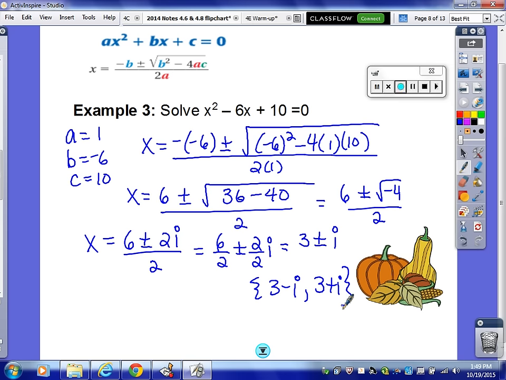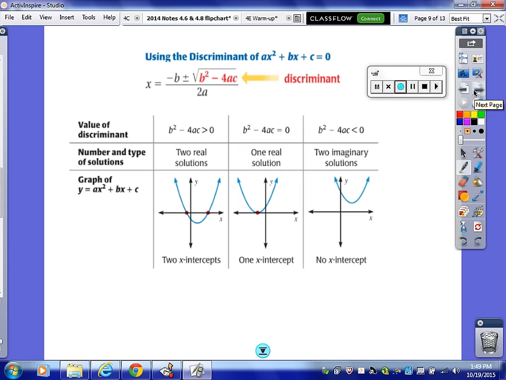All right, let's look at our last topic for these notes: using the discriminant. The discriminant, which is your b squared minus 4ac, can tell you how many and what type of solutions. So add the following to your notes. B squared minus 4ac, if it's positive, if it's greater than 0, there's going to be 2 real solutions, so your graph is going to touch the x-axis twice. If b squared minus 4ac is equal to 0, there's 1 real solution.